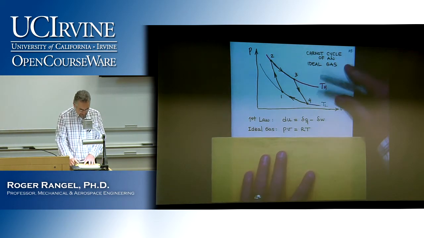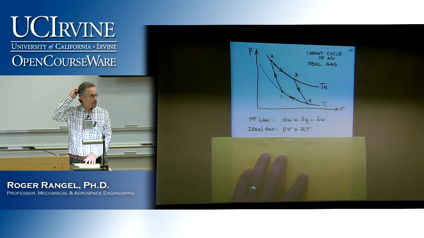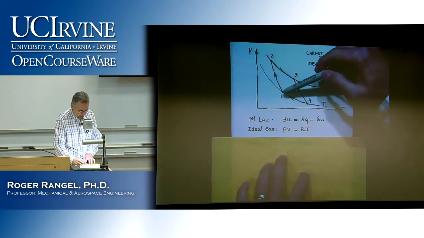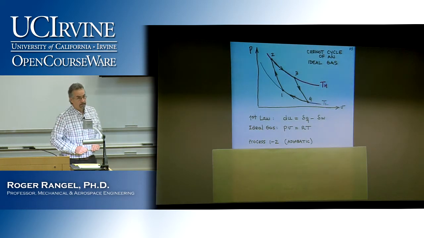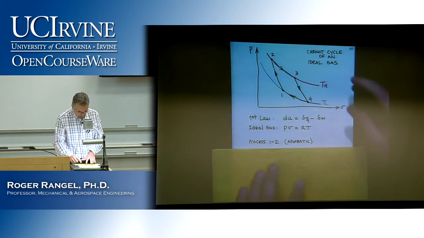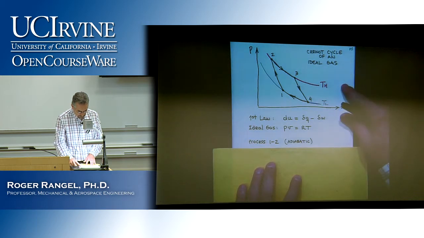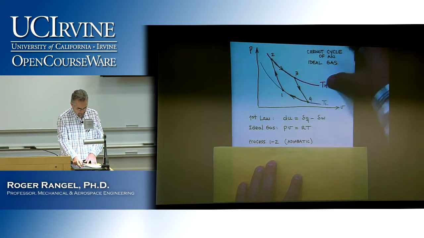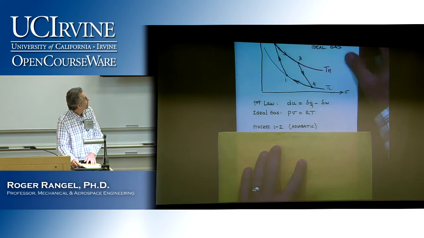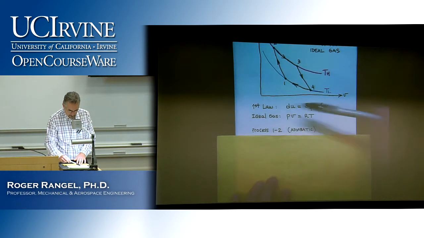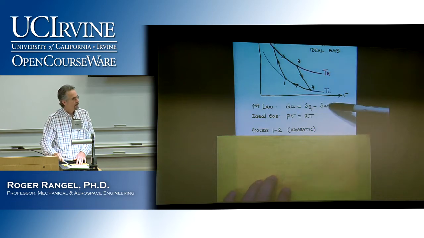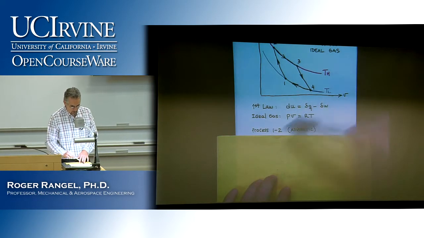Okay, so let's go now and analyze process by process. So let's take the first one, 1 to 2. That process is adiabatic. Right? So if I look at the first law, what happens for that process? First law, I'm going to apply it to process 1 to 2.